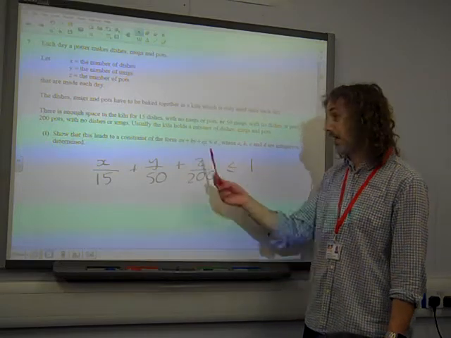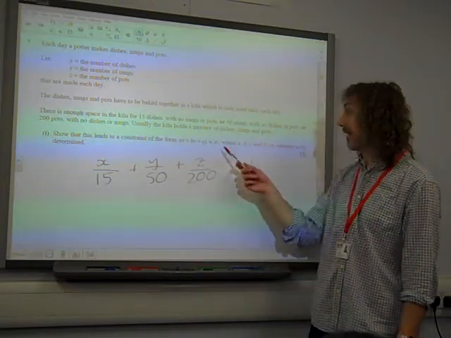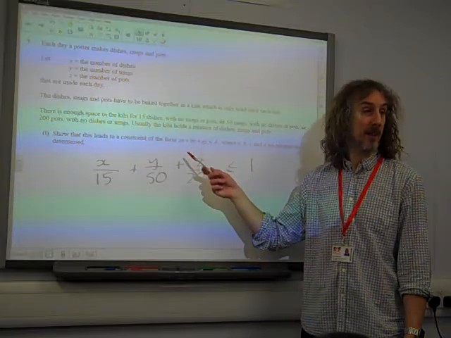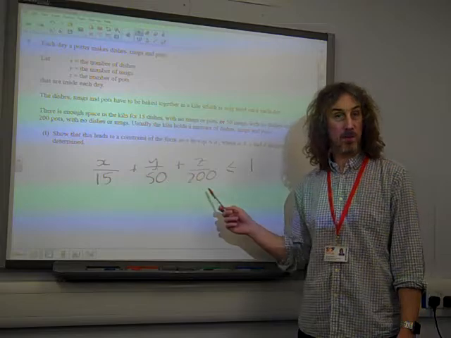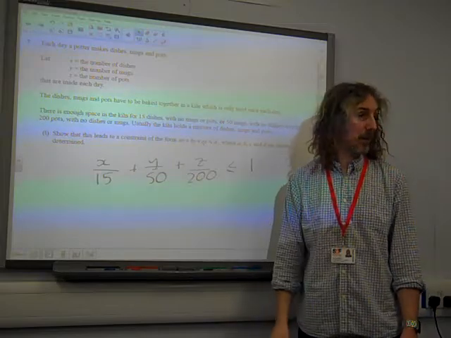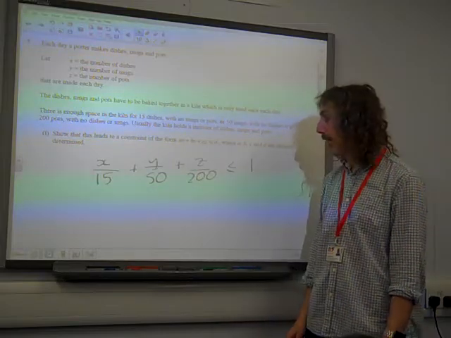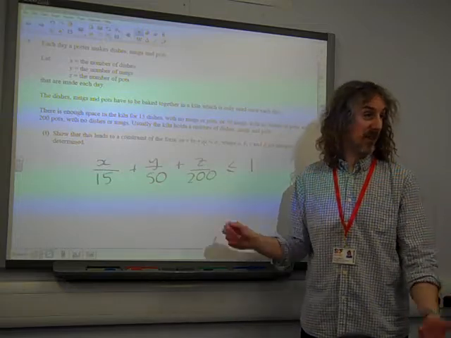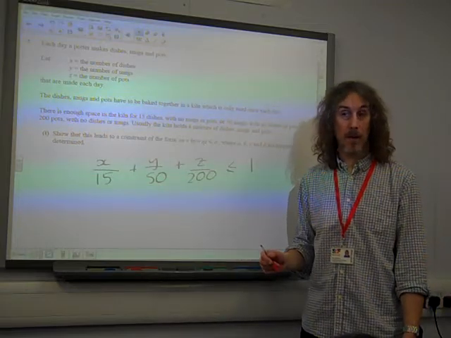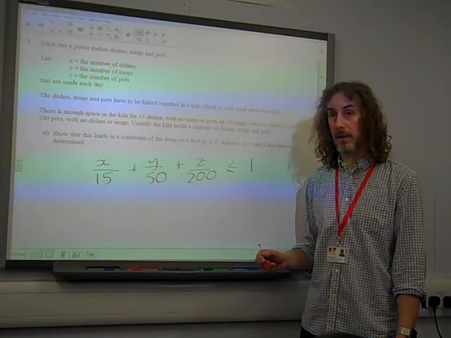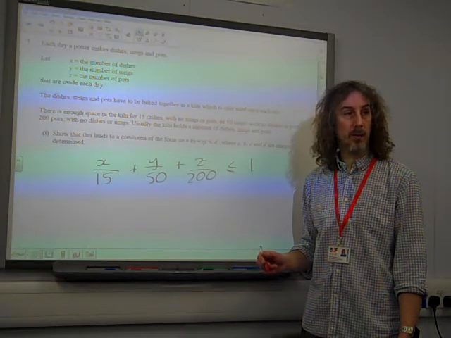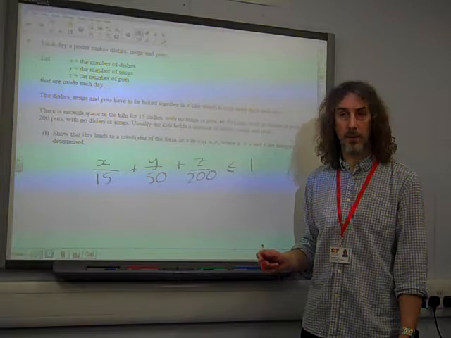Now, it said where A, B and C and D are integers to be determined, so we are going to have to multiply by these values to get rid of these on the bottom. If we multiply by, what can we do? If we multiply by 200, that's the kind of obvious thing to do to start with, then what does that give us? 200 over 15 is something nice, isn't it? 40 over 3.